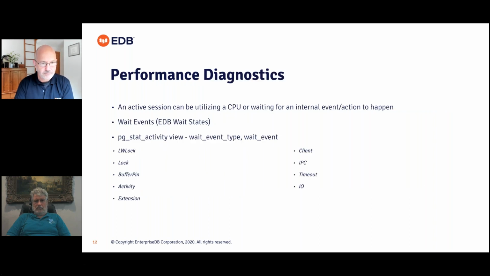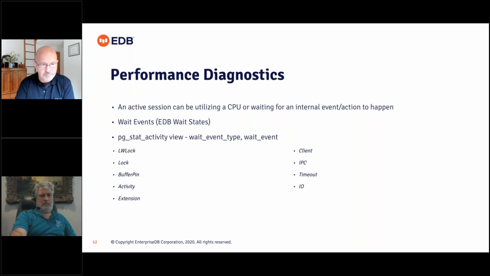Performance Diagnostics, basically, as I said, uses the wait events information available in Postgres 9.6 plus, and it utilizes the EDB Wait States extension created by EDB. It is at the moment available only for EPAS, EDB Postgres Advanced Server 11 plus.